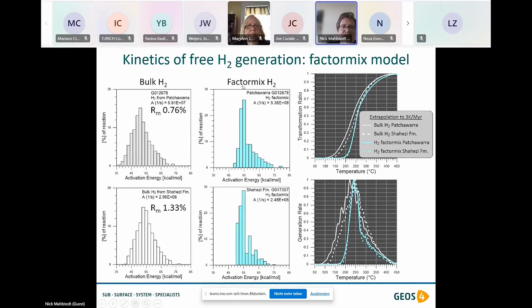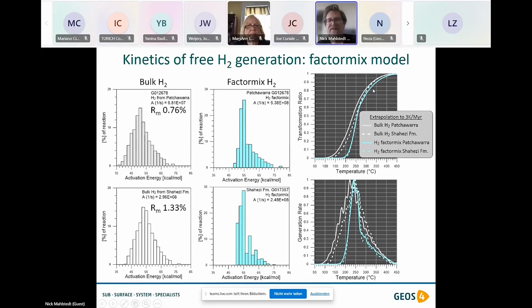Okay, they are shown here in blue, in light blue for the Pachavara formation and the Shahese formation sample. And what can be nicely seen is that for both samples, the activation energy distribution looks very similar with low frequency factors, and at extrapolation to geological heating rates, they are almost identical.